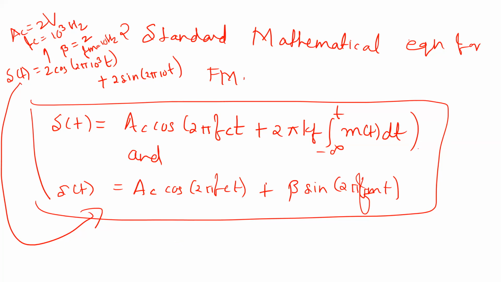So these two definitely are very important, wherein beta is called the frequency modulation index. Any doubts?